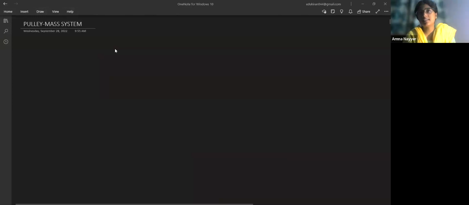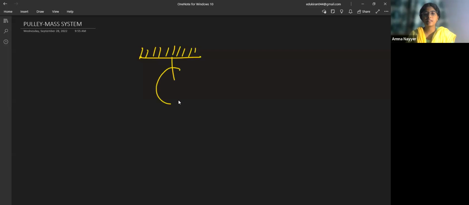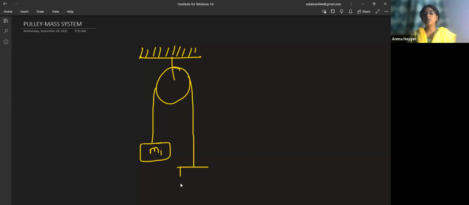See, pulley mass system, just one concept you have to remember. Based on that, all the questions will be solved. See, how do we write it? In a pulley mass system, a pulley is given to you and two masses are given. Let's say this is a block of mass M1 which is tied to one end of the string, and this is block M2 which is tied to the other end of the string.